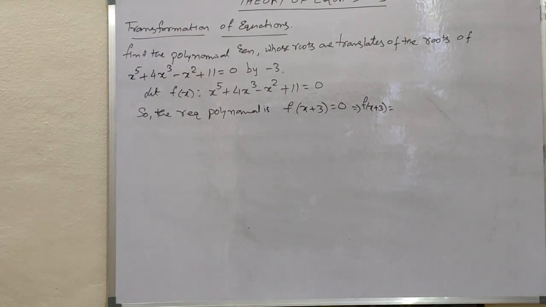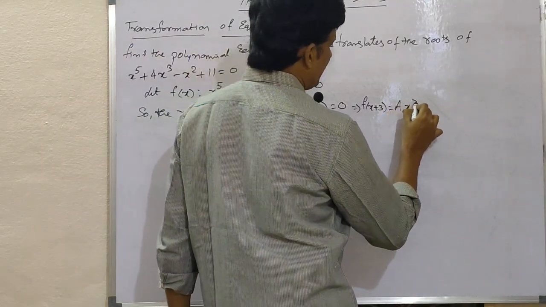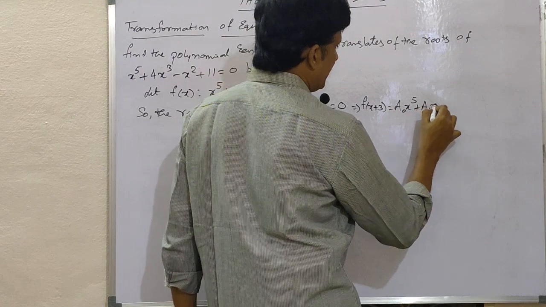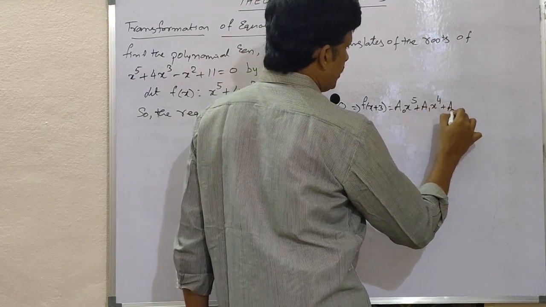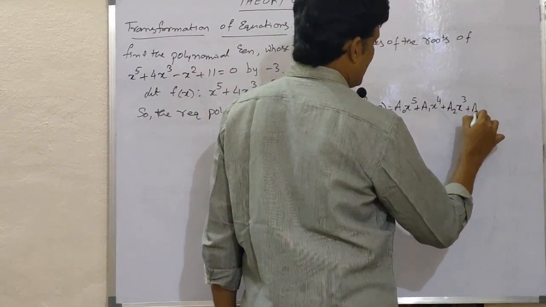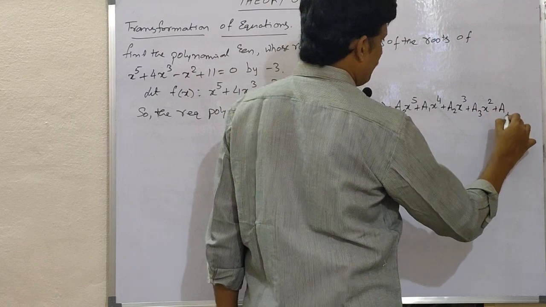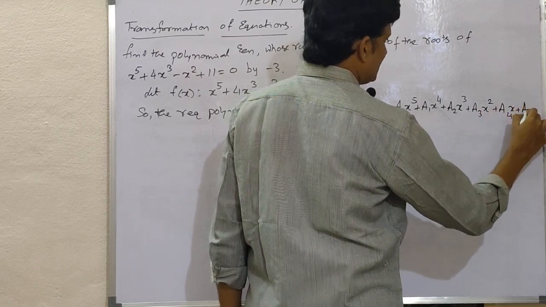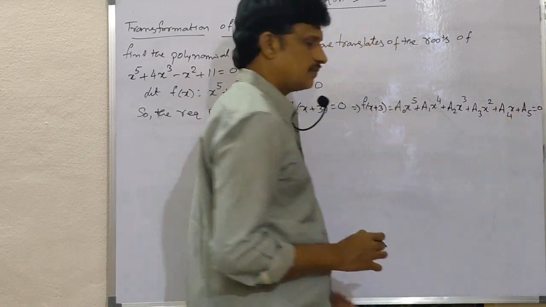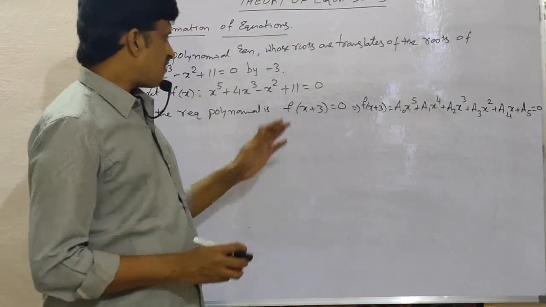So the required one is a0 x power 5 plus a1 x power 4 plus a2 x power 3 plus a3 x square plus a4 x plus a5 equal to 0. This is the required polynomial, that is f of x plus 3.